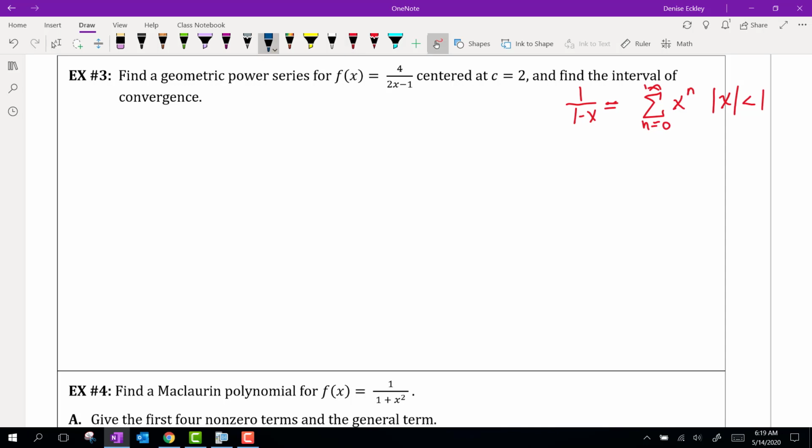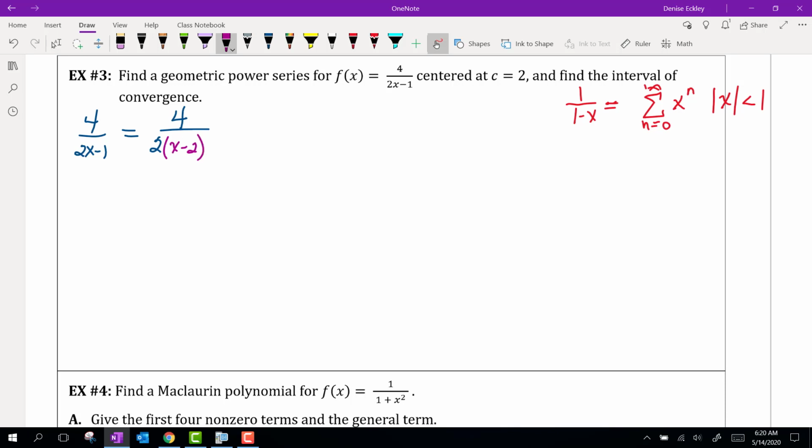So if we take 4 over 2x minus 1, we want to put it in that form. We want this centered at 2, so we have to change it a little bit. So that means we're going to take 4 over 2 times, and we're going to change this to x minus 2.